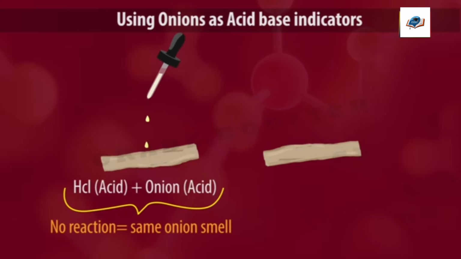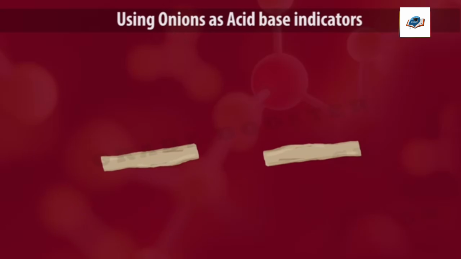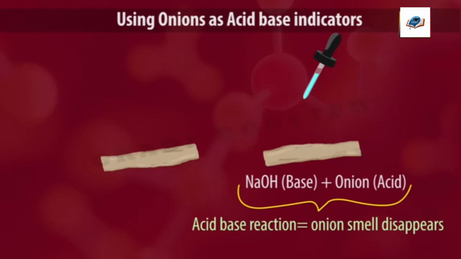There is no reaction between them since both are acids. Whereas in the acidic cloth strip treated with sodium hydroxide, there is an acid-base reaction. There is a neutralization reaction between the acid-treated cloth strip and sodium hydroxide. So the cloth strip loses its odor.